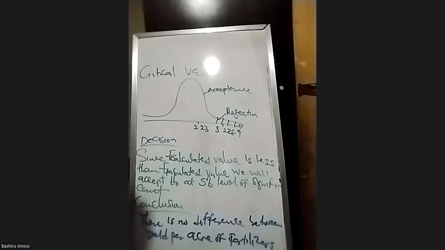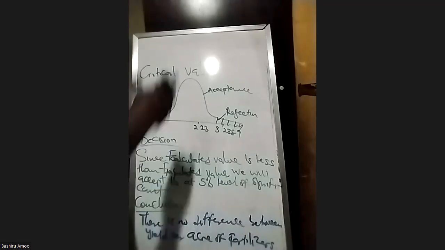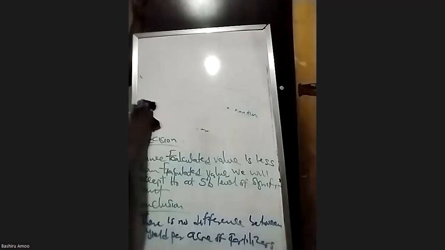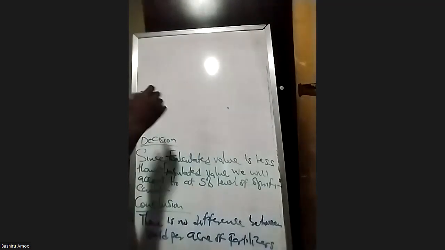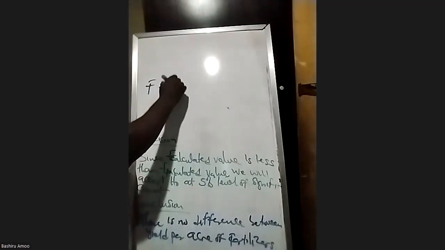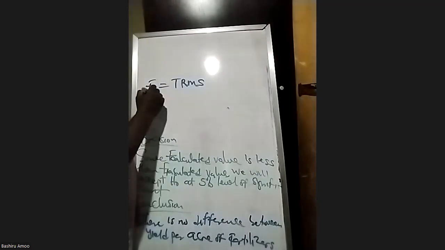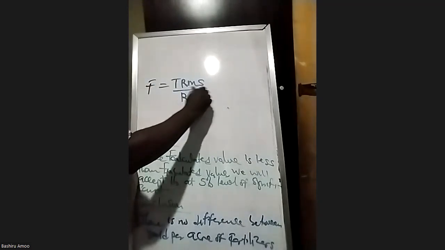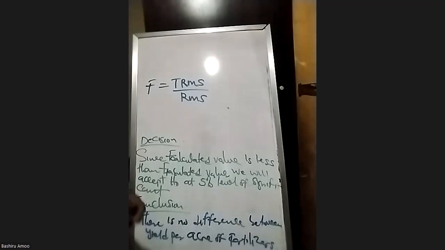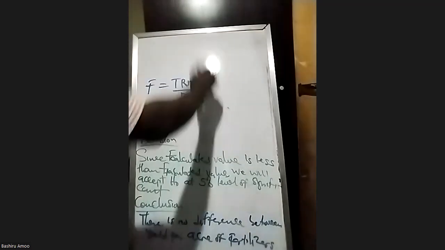Before you go, please, let me get the formula for F calculated. The formula for F calculated is this: F is equal to treatment mean square divided by residual mean square. We further break this down.